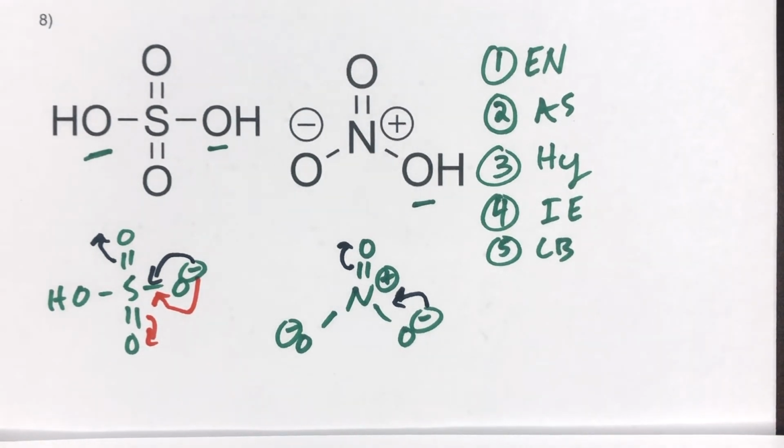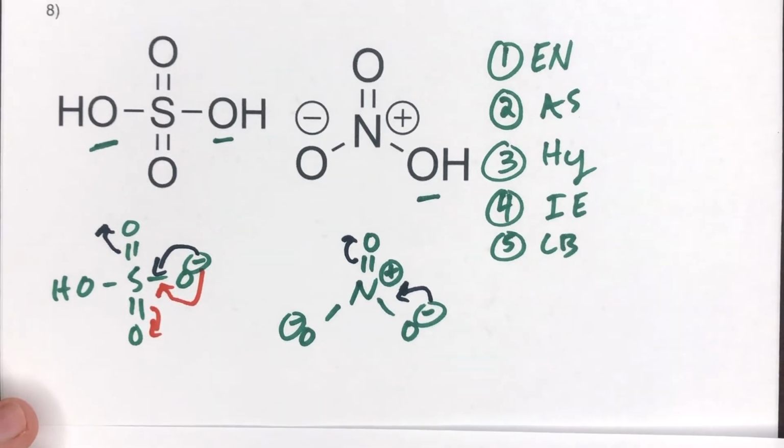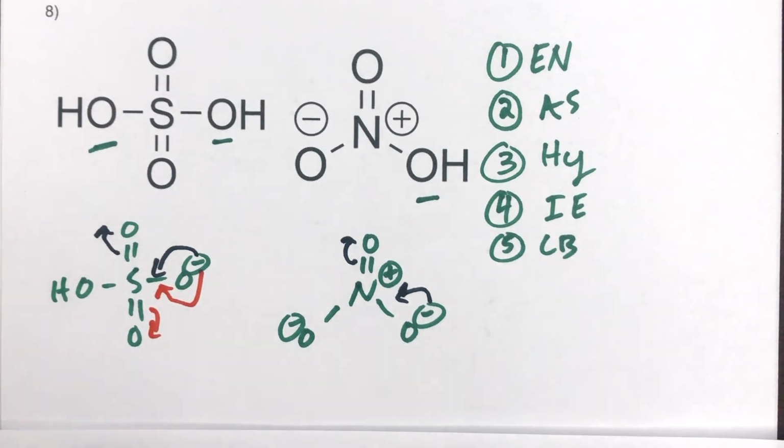So then by all of this explanation, the H2SO4 is more acidic than the HNO3 because of the additional resonance stabilization of the conjugate base due to the fact that you have 2 sulfur-oxygen double bonds.